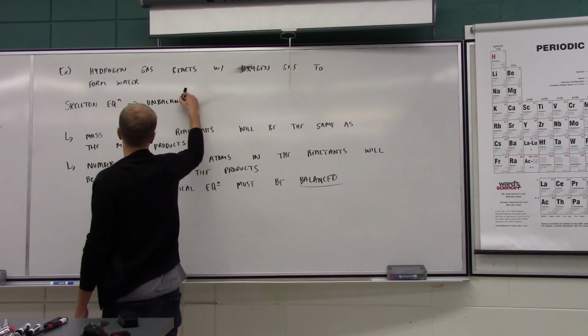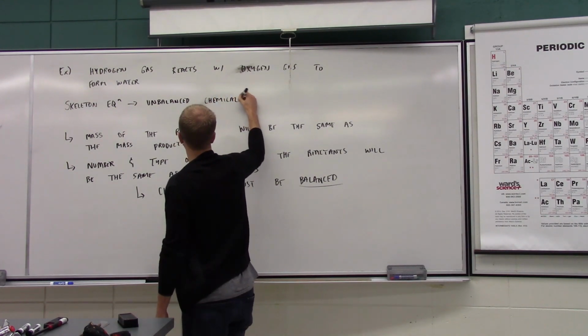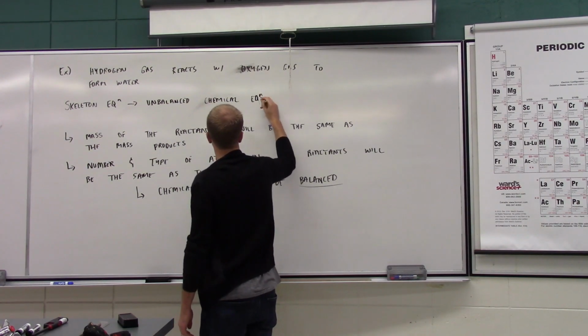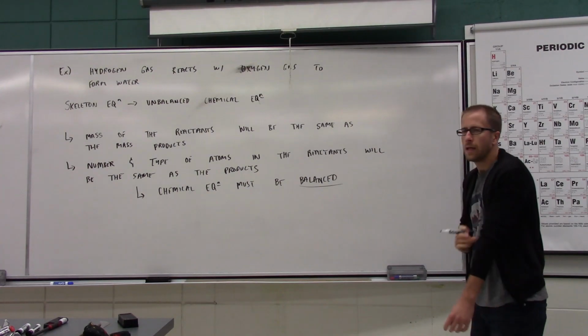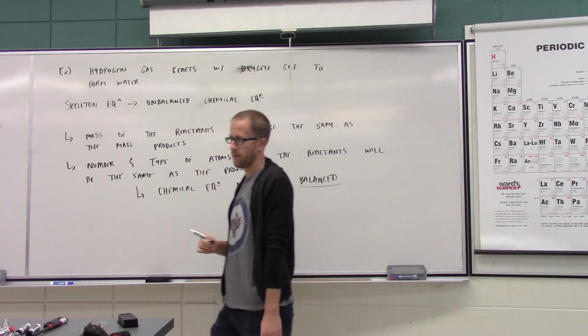So that's really the skill you learned yesterday. All right, so your unbalanced chemical equation. And what is that going to be? Someone want to take a stab at it?